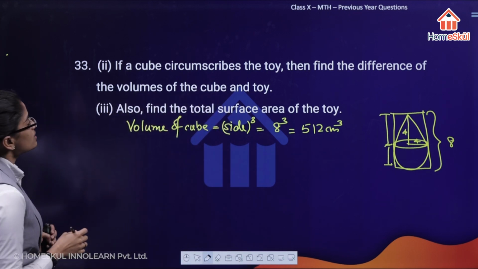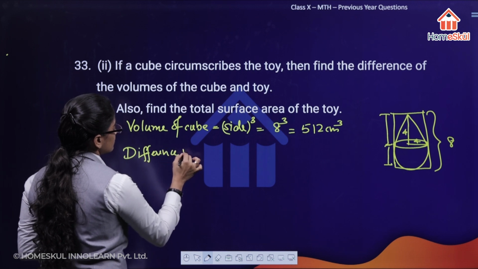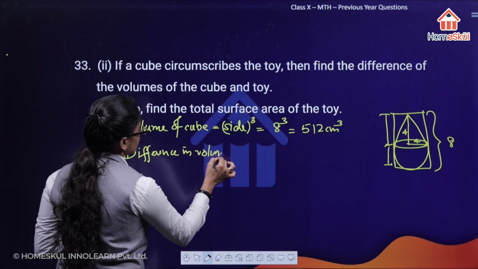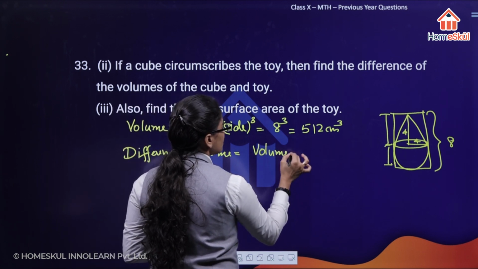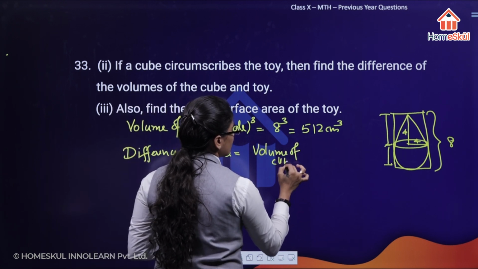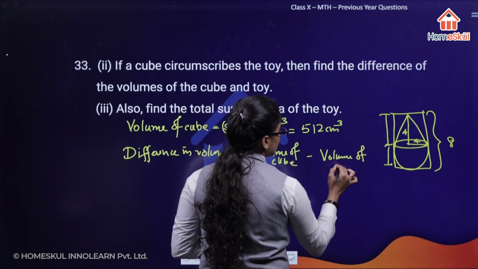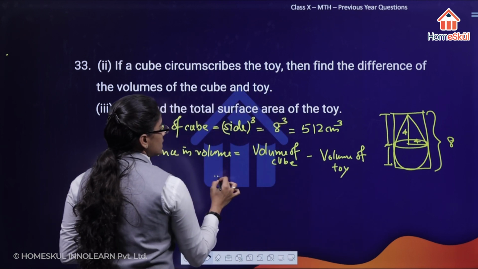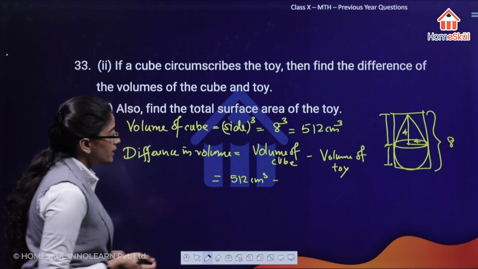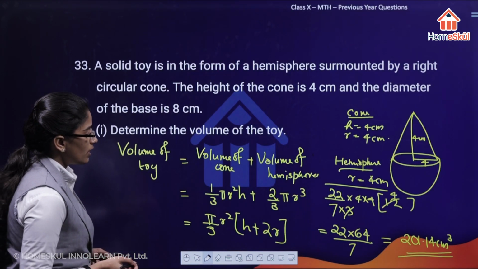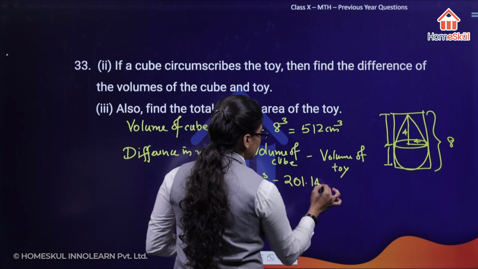So the difference in volume is equal to volume of cube minus volume of toy. Volume of cube is 512 centimeter cube and that of the toy is 201.14 centimeter cube.